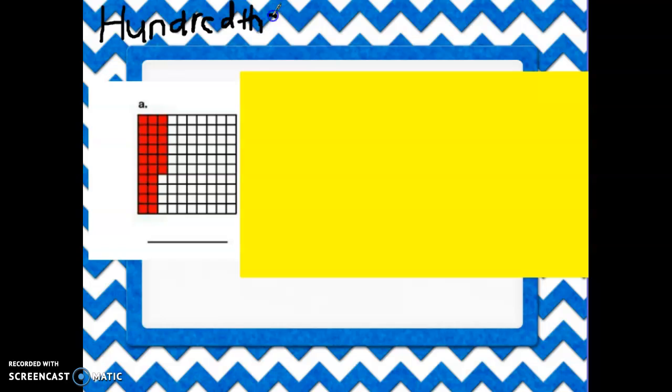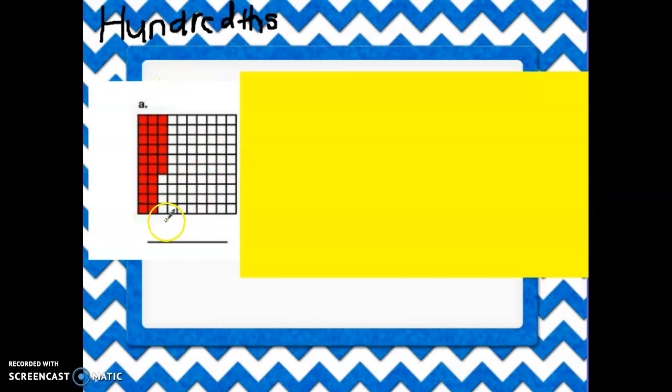Let me make sure I put that ending on there. All right, so to be able to figure it out, I can count all of the shaded in boxes. Now I know that there's 10 already shaded in here, and I know that there's 10 shaded in here, and 10 plus 10 is 20. Let's keep going. 21, 22, 23, 24, 25, 26.